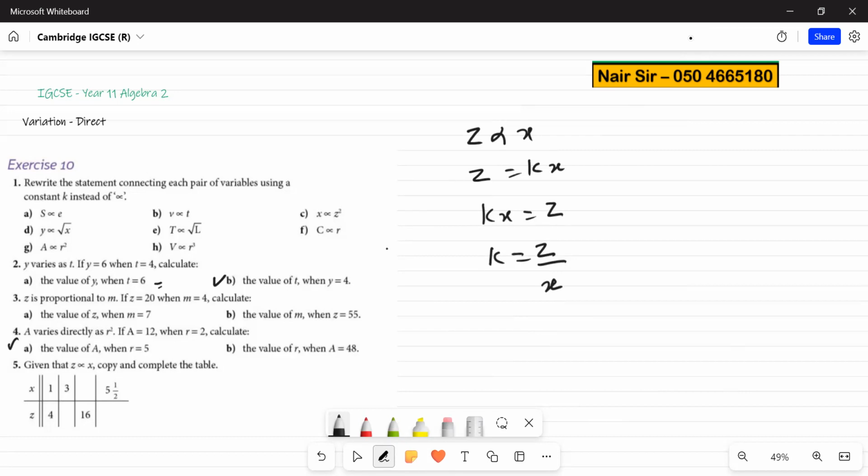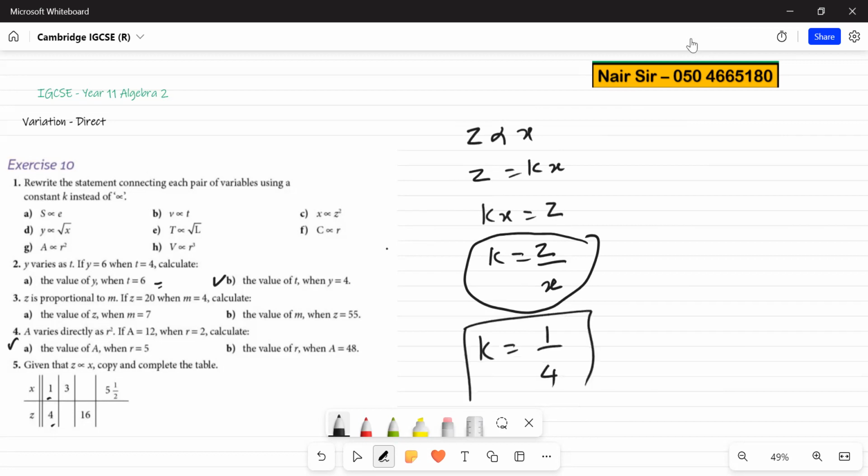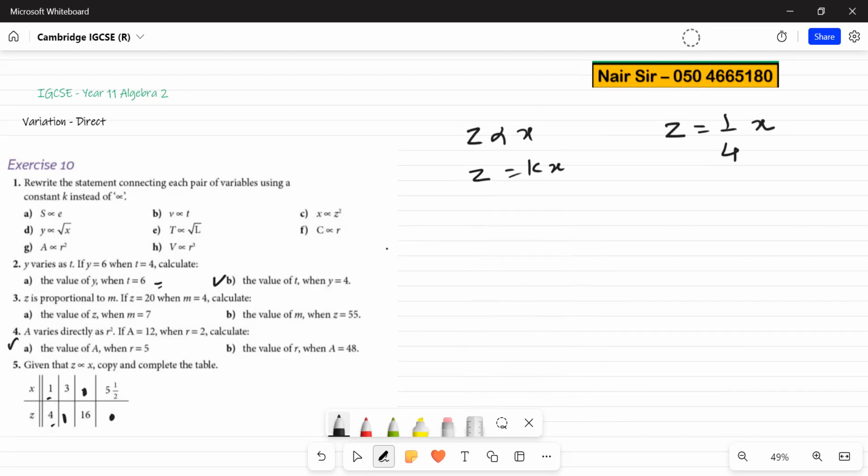All right. So this is my equation. Substitute now. I've got the value, 1 and 4. So k is equal to 1 upon 4. I've got the constant k. Now my equation becomes z is equal to 1 upon 4x. And what all you need to do is that here z is not known, here x is not known, here z is not known. Substitute and get the answer. Hope you have understood what I'm doing. This is the first stage of direct proportion, direct variation.